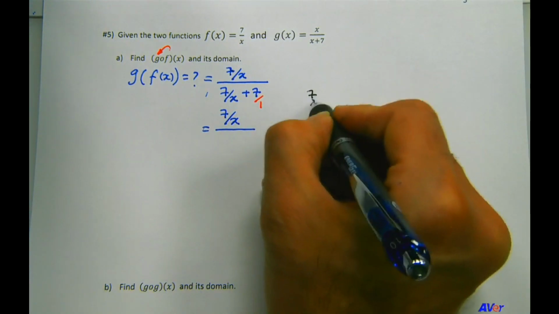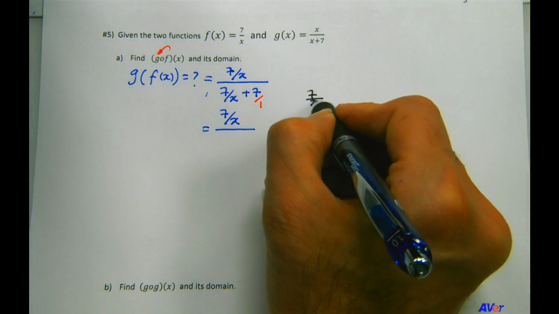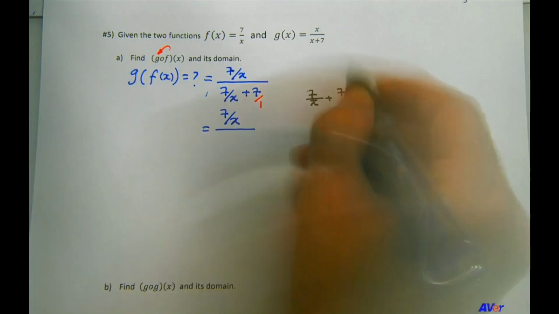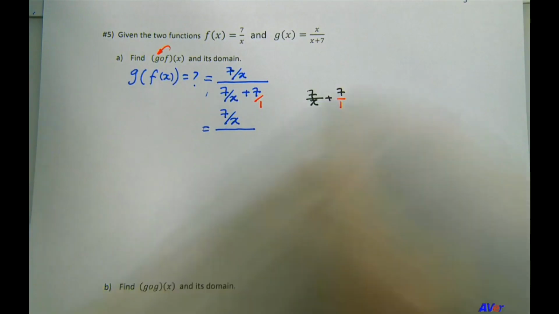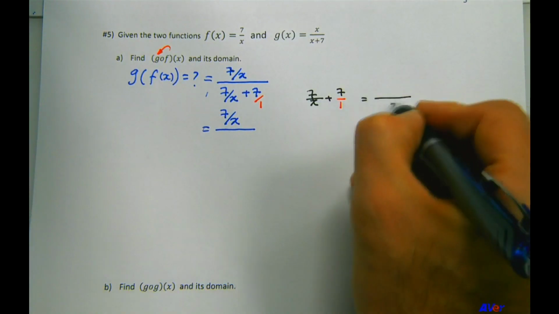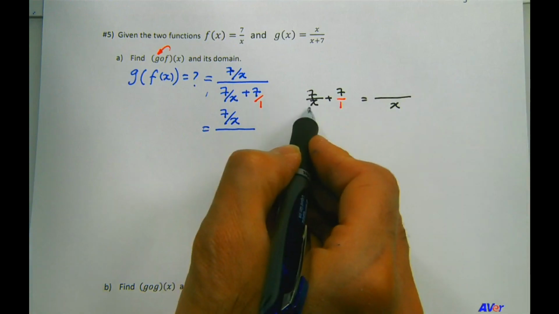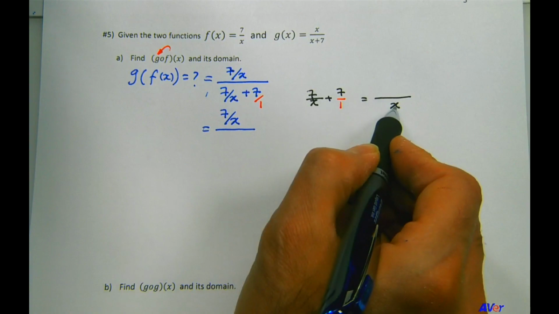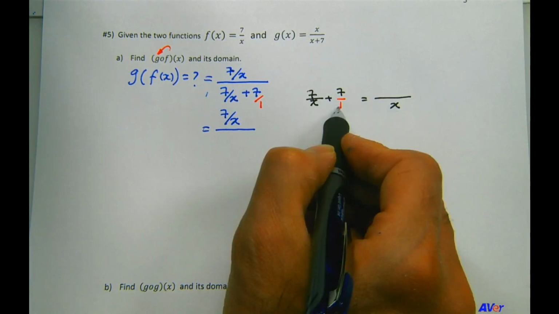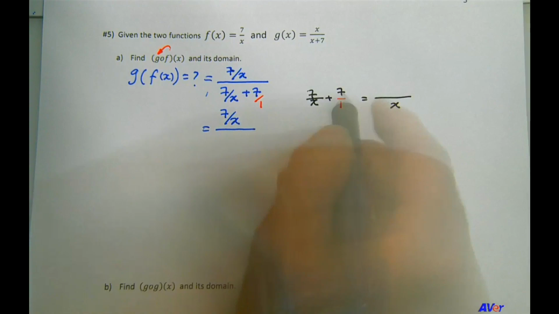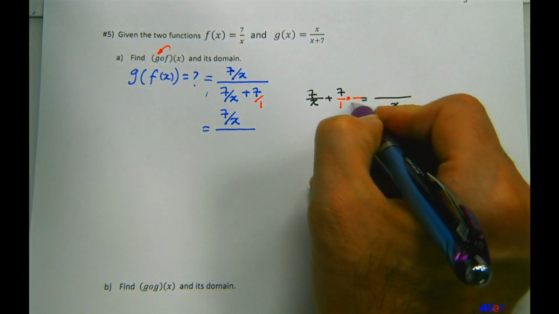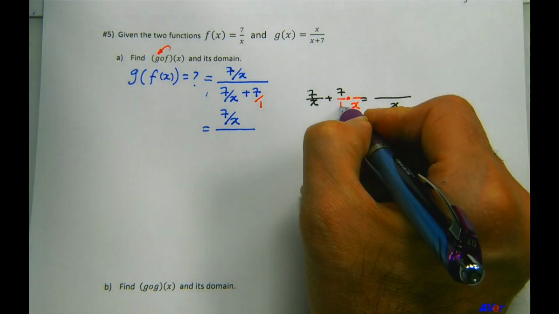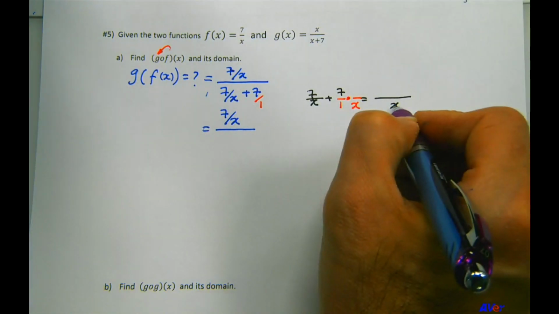So 7 over x plus 7 over 1, right? If the common denominator is x, the first fraction is okay because it's got a denominator equal to the common denominator. But is this okay? No. How can we make this okay? We multiply the denominator by x to get it to become the common denominator.